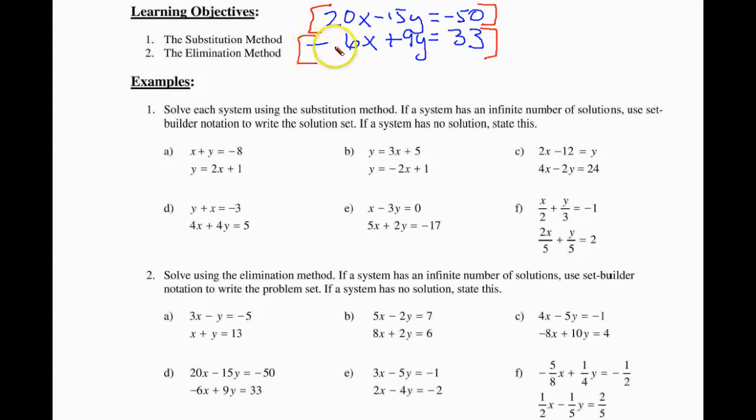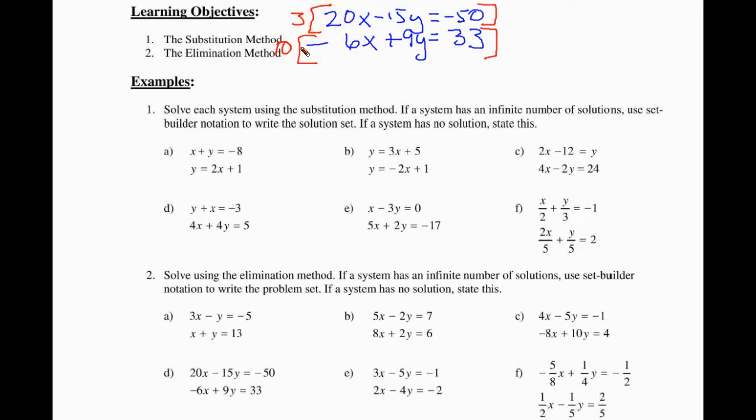Now, since this one is negative already, and this one's positive, if I multiply this by a 3, I make this a 60x, and I multiply this by a 10, I make this a 60x. So that's what I'm going to choose to do.